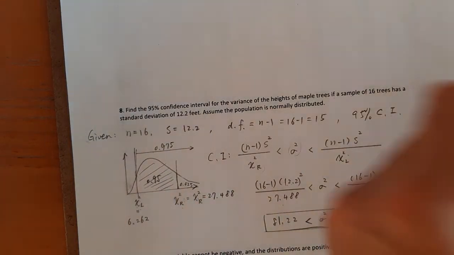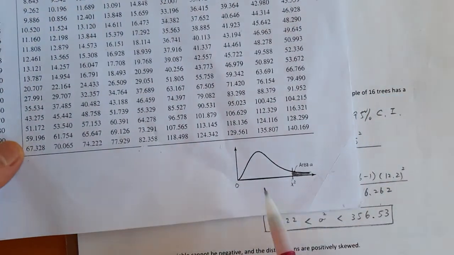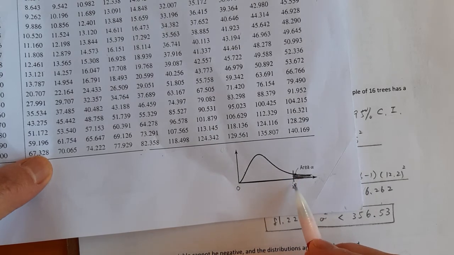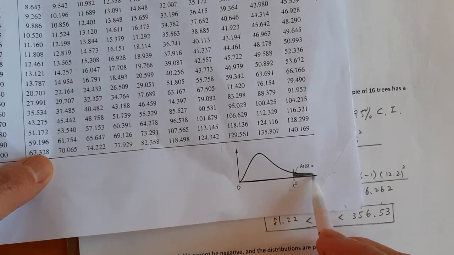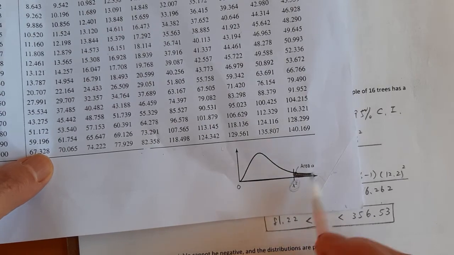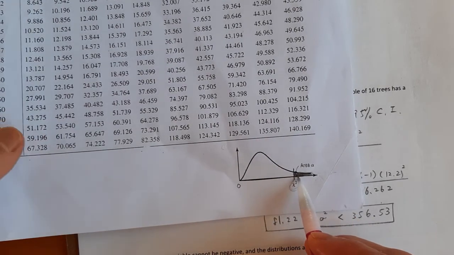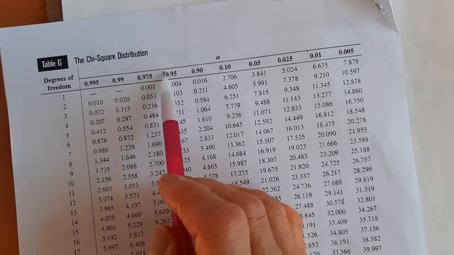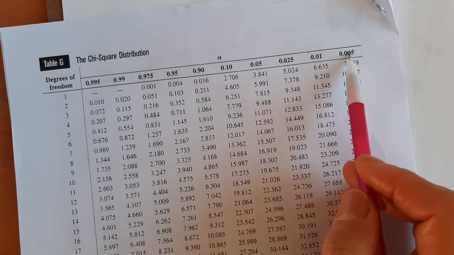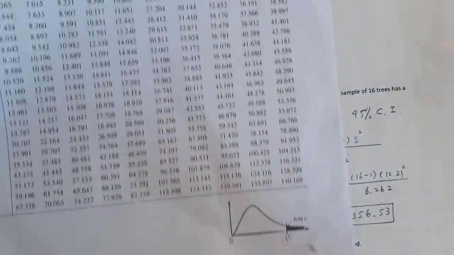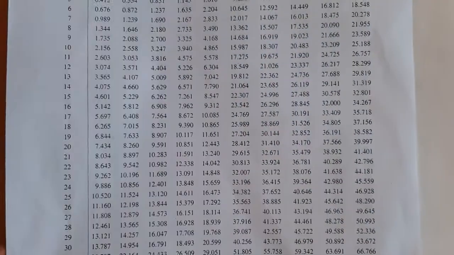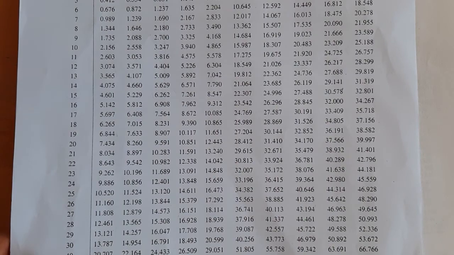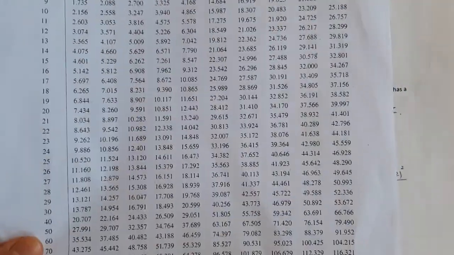According to the chi-square table, in order to get this chi-square, you have to use the area to the right of chi-square. On here, like 0.005 is the area to the right, and then you can figure out the corresponding chi-square values on the body of the table.